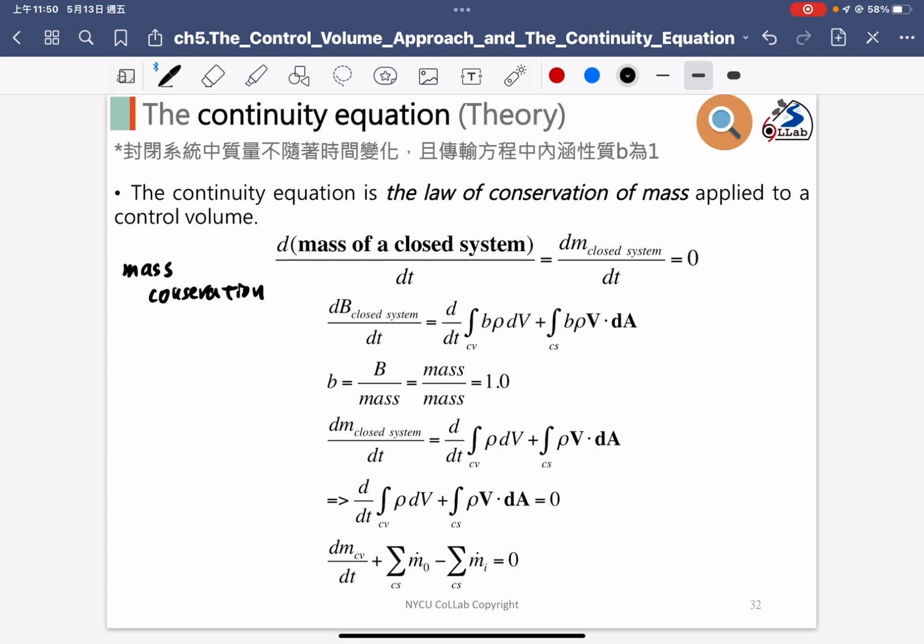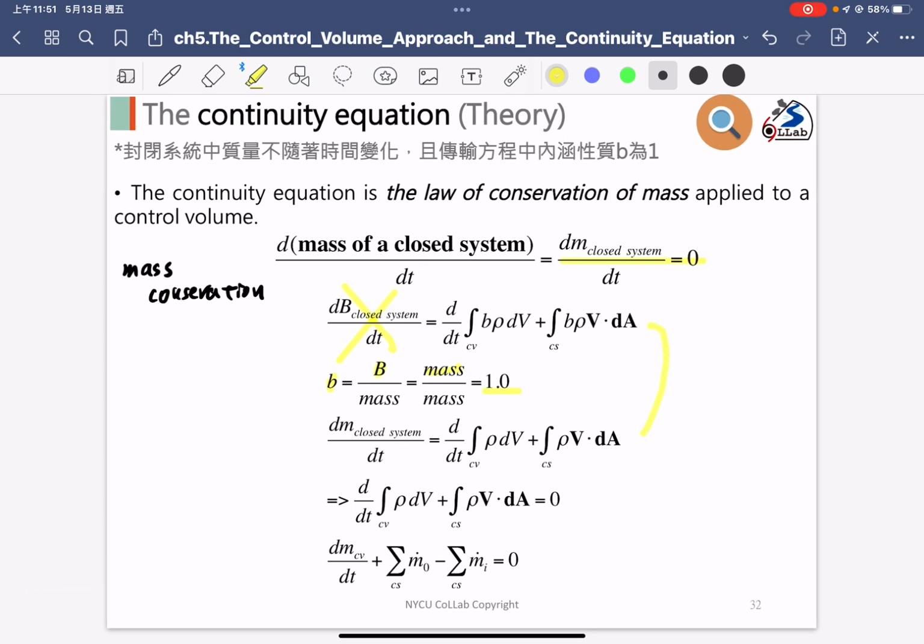If the assumption is correct, then in the closed system we don't have this mass change item, right? Because we discussed that b is the mass, the small b is equal to 1.